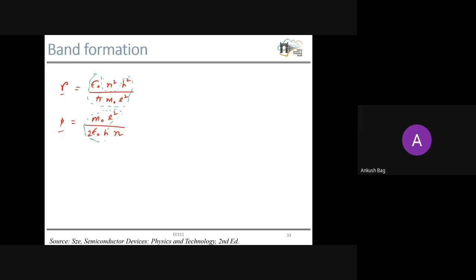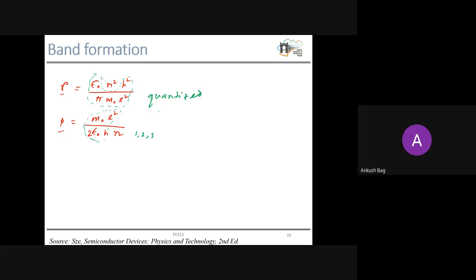So from these two expressions, you can firmly conclude that the radius followed by the electron when surrounding the proton is discretized, or quantized. So here comes the term quantization. In the case of momentum also, it depends on whether n equals 1, 2, 3, so both momentum and radius are getting quantized.